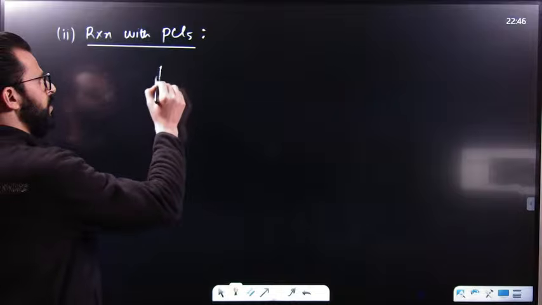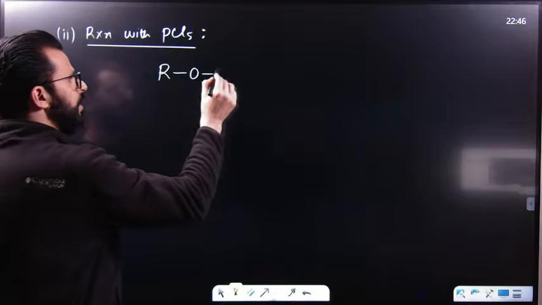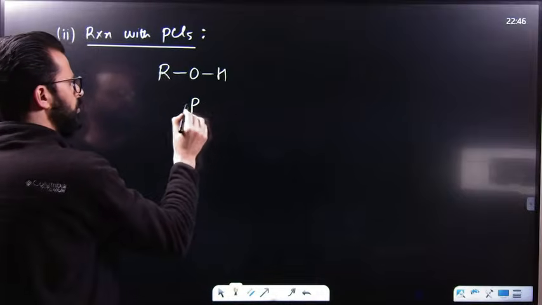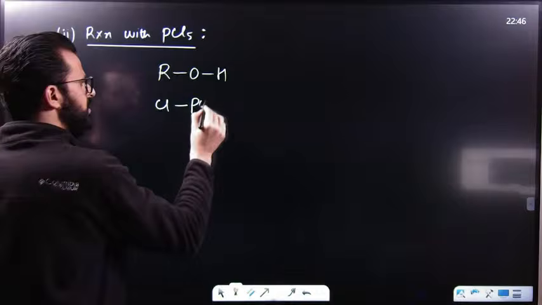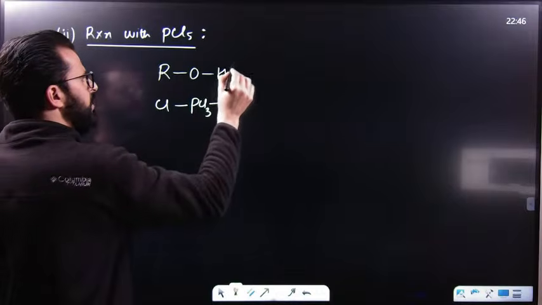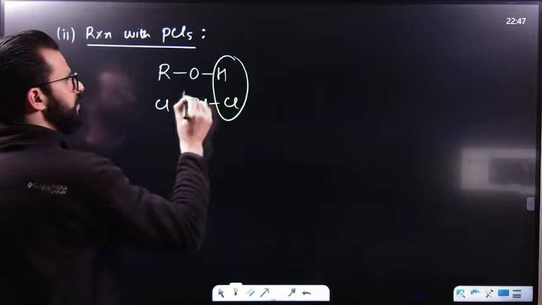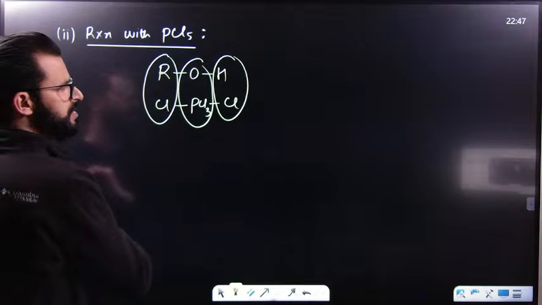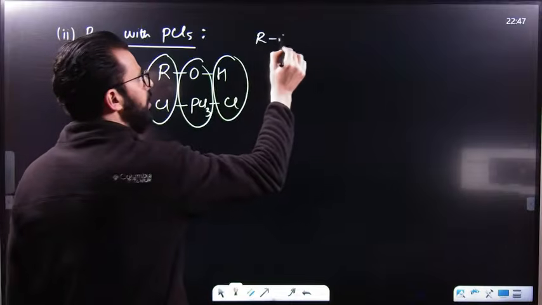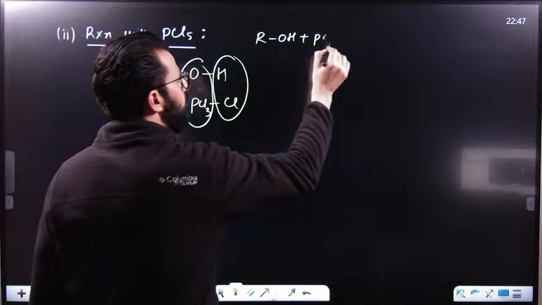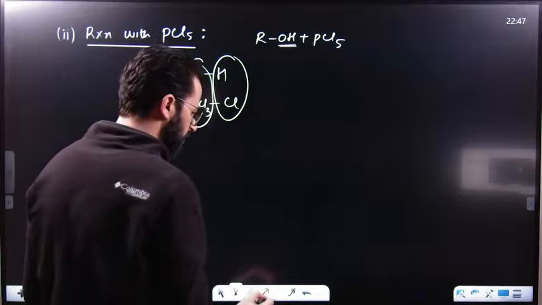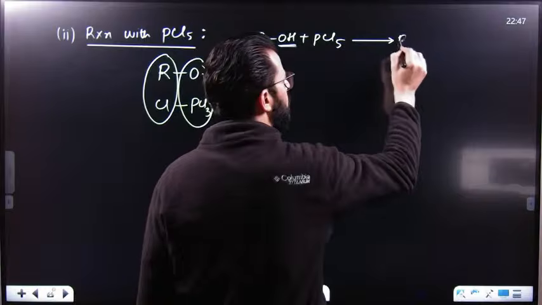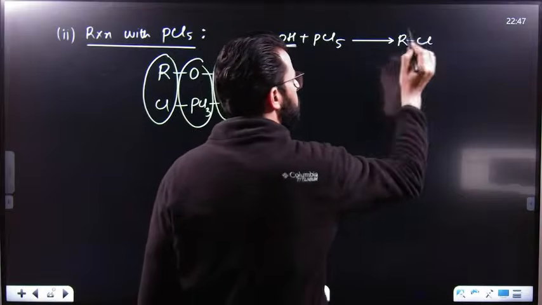Remember, if you are having ROH and PCl5, a simple trick is there. You write down PCl5 in this fashion. After that, it will result in the formation of HCl, POCl3, and RCl. So whenever you have ROH plus PCl5, you have to remove this OH, and instead of OH, you add a nucleophile attached to phosphorus, that means RCl.